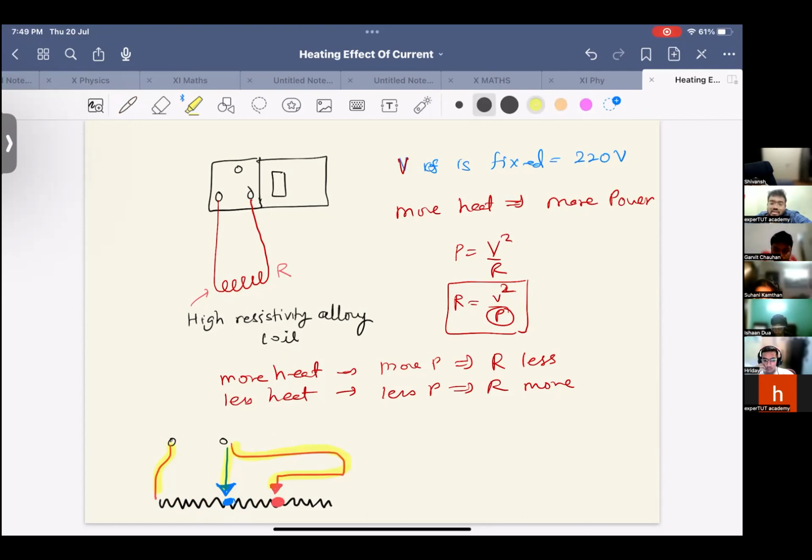In front of this alloy, the copper wire has zero resistance. So effectively, in this path, when it was blue, the resistance was this much. Understood?